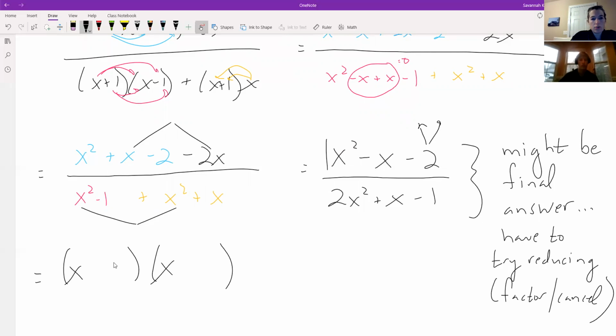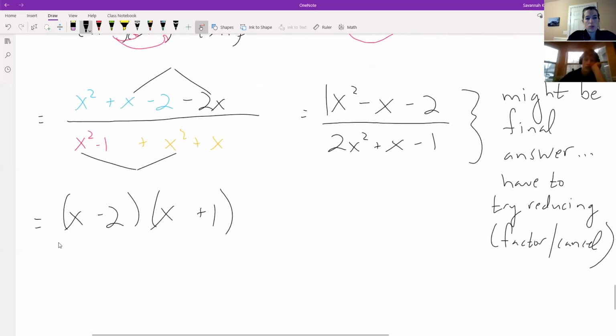And thankfully, there aren't a lot of options when the numbers are that small. So pretty quickly, even having to play with negatives and positives, we can see that -2 times 1 gives us by multiplication the -2, and the -2 plus 1 by addition gives us that -1. So the top factors, that's good news because maybe they're going to lead us into a little bit of canceling.